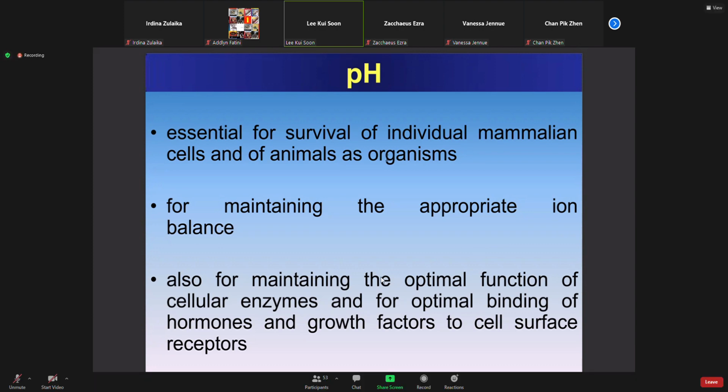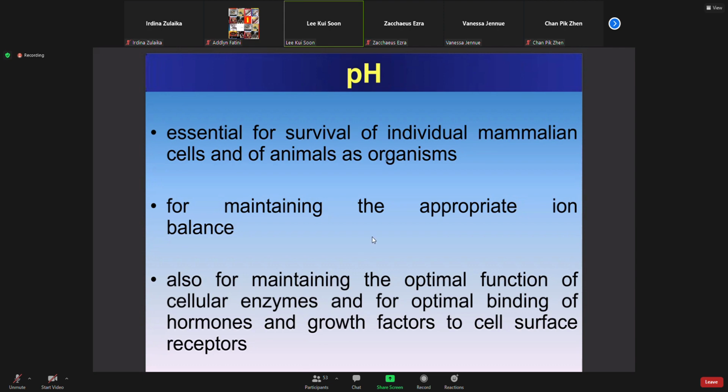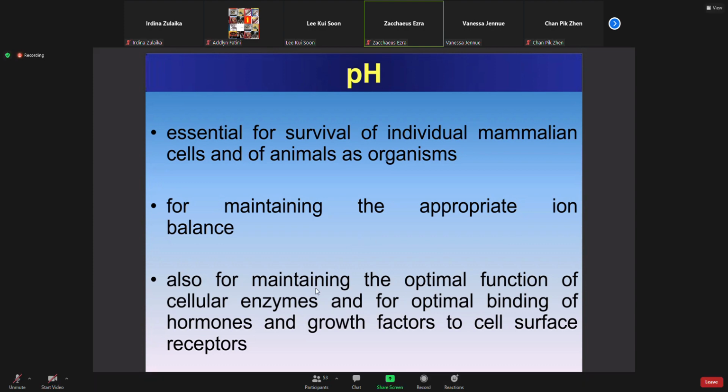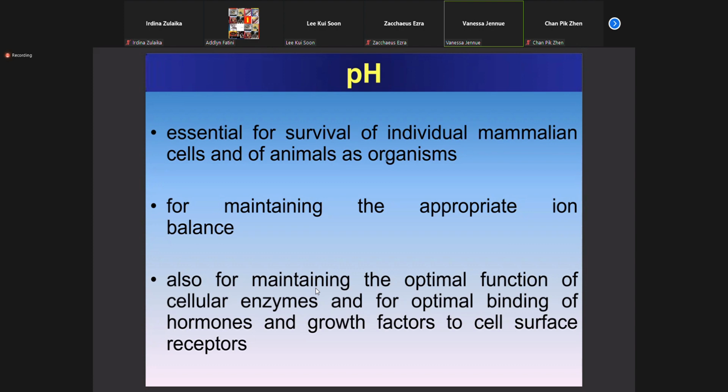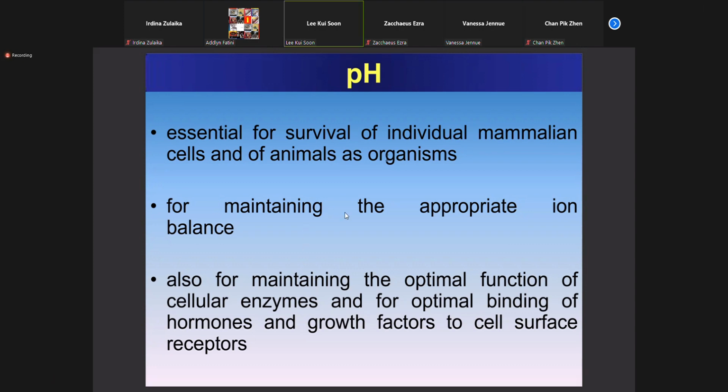boleh faham? Okay, doktor. Boleh ya? Kamu faham? Kamu pernah betul-betul belajar cell membrane bilayer tu tak? Kamu tahu apa itu membrane bilayer? Membrane cell itu dia banyak protein kan?